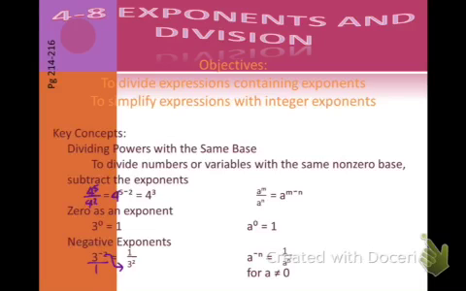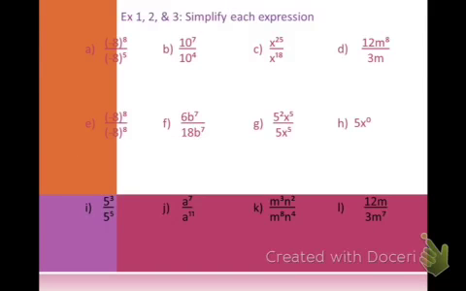If there's no other numbers on top, it's going to equal 1 on top. So it would be 1 over 3 to the 2nd. If it was on the bottom, you need to bring it to the top. We'll see how they want you to do this for your homework tonight.